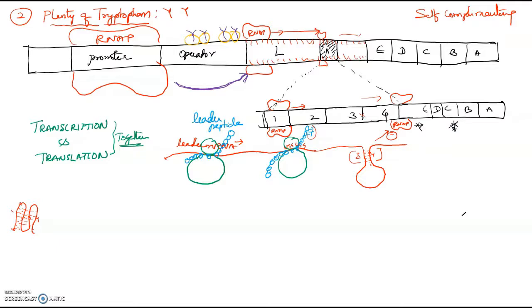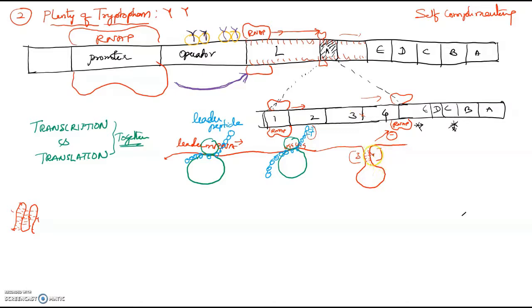So plenty of tryptophan: whenever tryptophan is present, there are two mechanisms by which it can inhibit its transcription. One is by binding with the repressor to block the operator. The second mechanism is that because tryptophan is present, the ribosomes will hinder formation of the 1-2 and 2-3 hairpin bends, but the 3-4 hairpin bend will be formed.